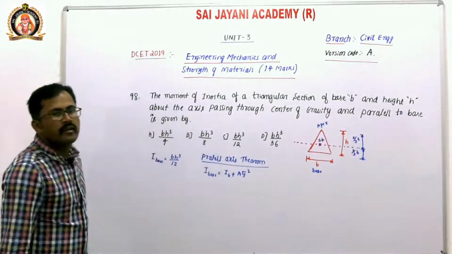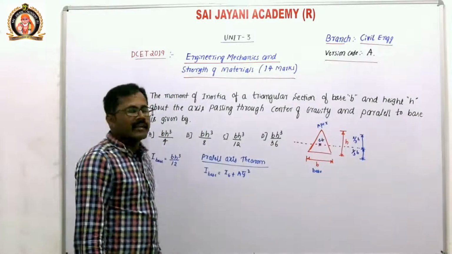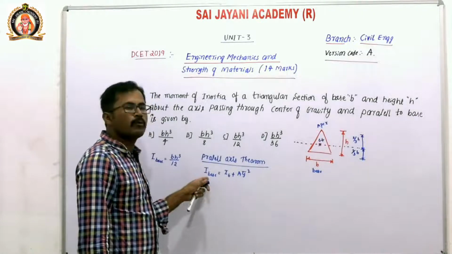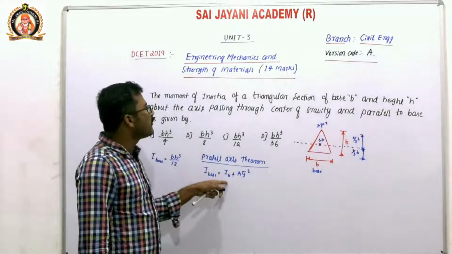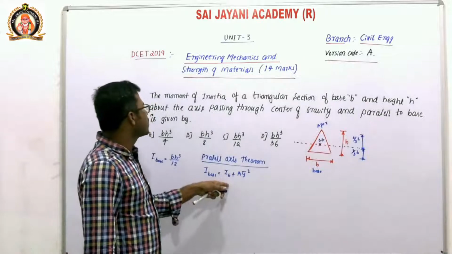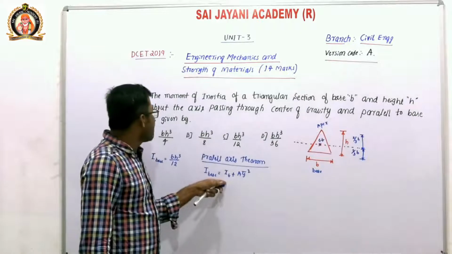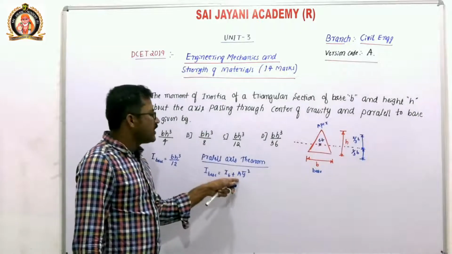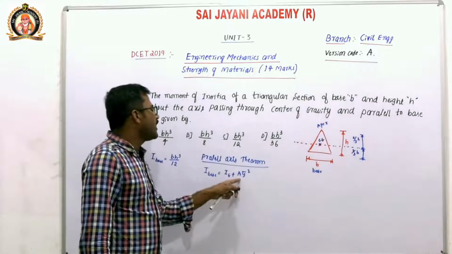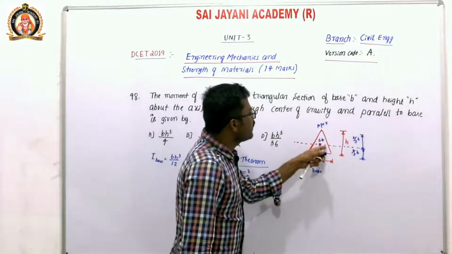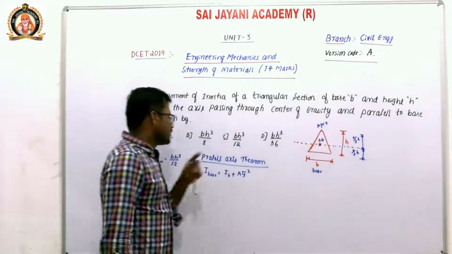This is the statement of the parallel axis theorem, where the moment of inertia about the base is equal to the moment of inertia through the center of gravity and parallel to the base, plus area into the distance between the center of gravity and base.